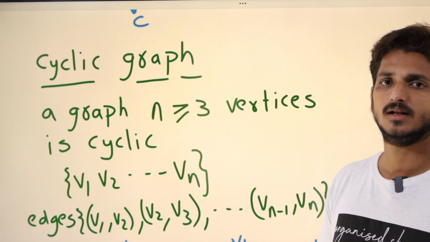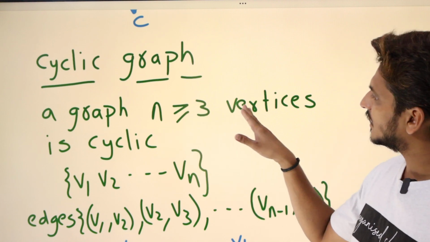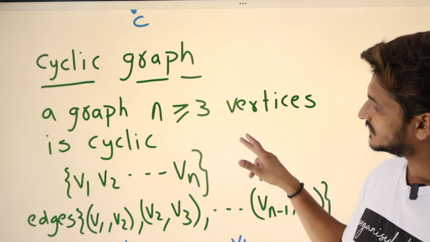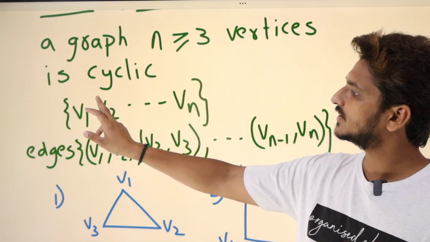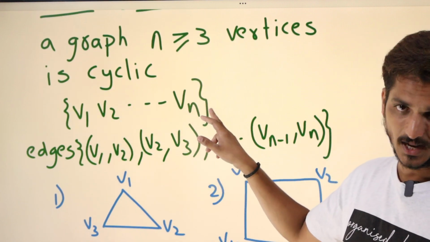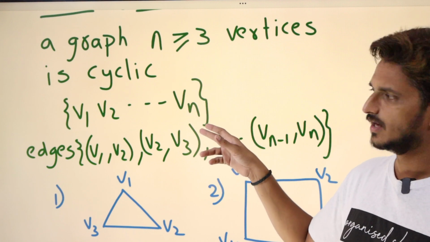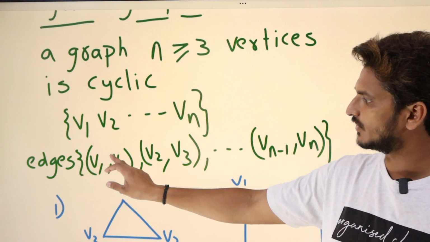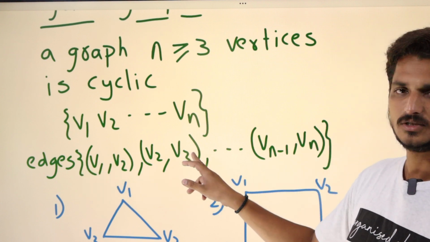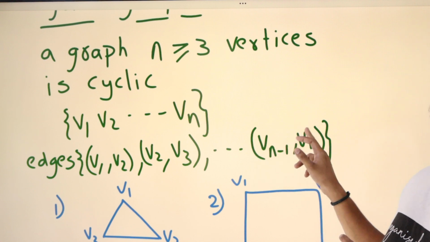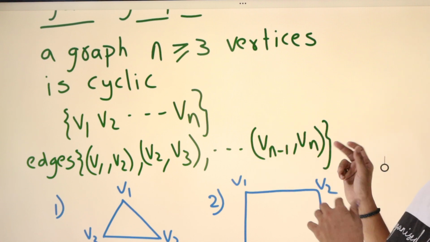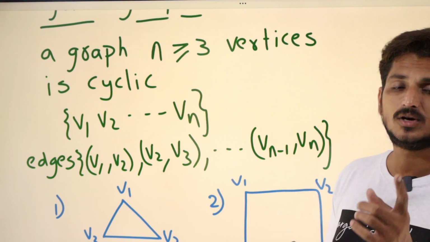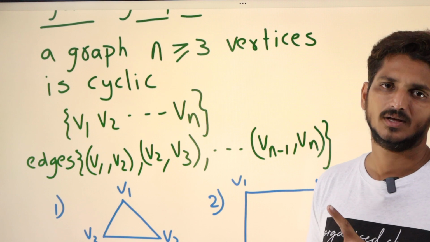Otherwise, we cannot form a cycle. When we say cyclic graph, it has vertices v1, v2, and so on up to vn, n vertices, and those vertices should have edges like this. v1, v2 should have an edge. v2, v3 should have an edge. v4, v5, and so on up to vn, v1 should have an edge. If it follows this, then only we call it a cyclic graph.